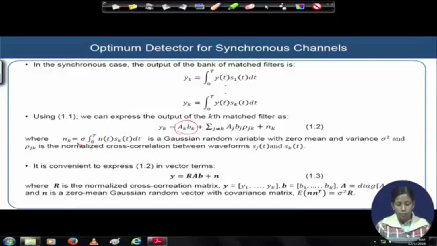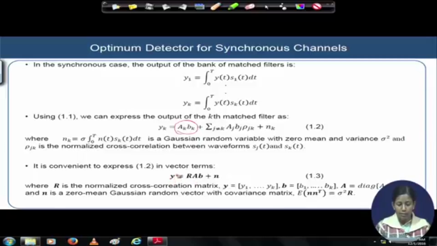And so this expression 1.2 in vector form can most easily be written as y = R A b + n, where each term can be signified like this. Capital R is the normalized cross-correlation matrix.